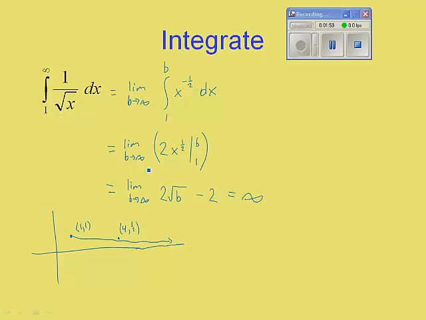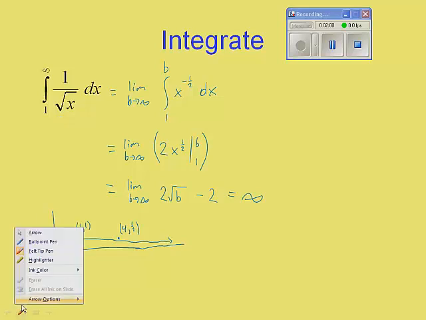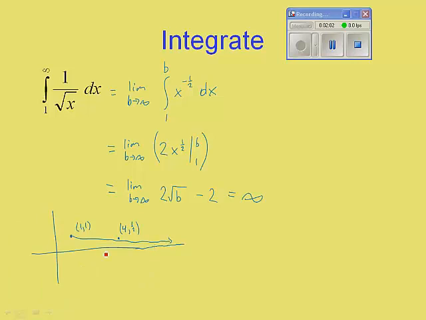Yeah. But for some reason, this is too much area. The area here grows without bound. Why? It sure looks similar, doesn't it?